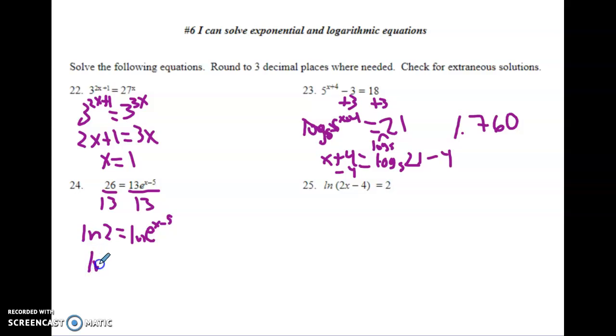Then I end up with natural log of 2 equals natural log, and the e and natural log cancel each other out, so I just get x minus 5. Then I need to add a 5 to both sides to get the x alone.